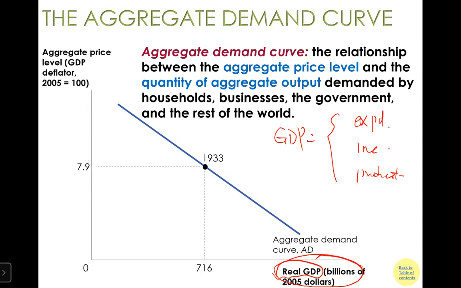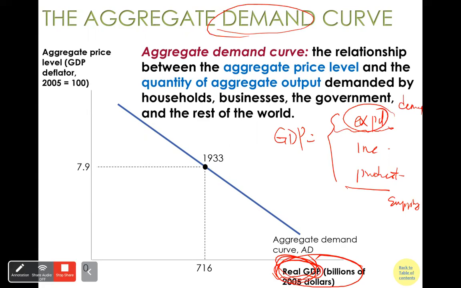Expenditure, you can understand this is demand. Product, you can understand this is supply. Okay, so now when we look at demand, we just look at expenditure. But in equilibrium, that's going to be equal to real GDP. So that's why we use real GDP on the horizontal axis.